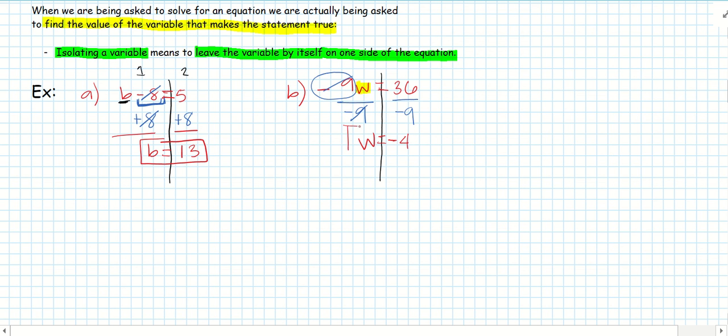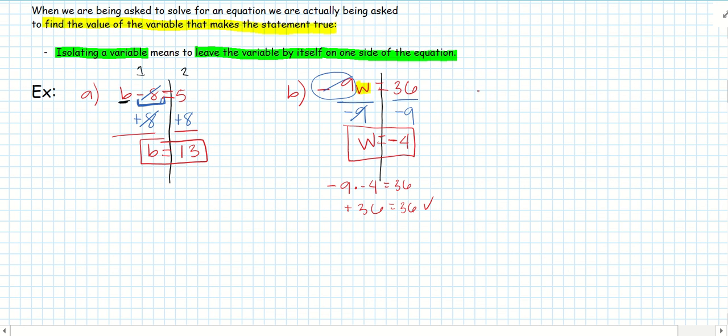That's what we saw last week. When we have two numbers with opposite signs and they're being divided, the answer will be negative, okay? So if we do negative 9, just to double check, times negative 4, negative times negative is positive. 9 times 4 is 36. So yes, this is a true statement, okay?